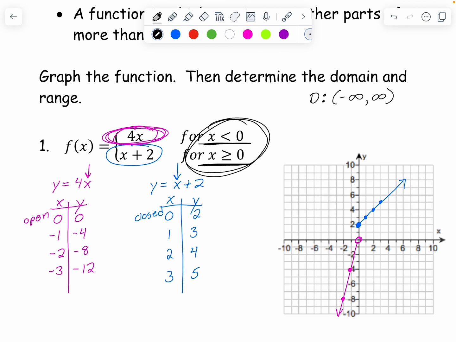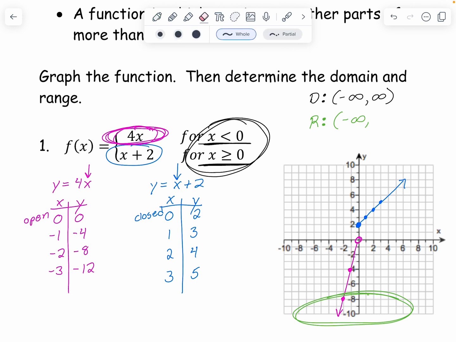Now the range is a little bit trickier. So let's take a look at our range. For the range, we know that we are supposed to go from smallest to largest. Ranges are y values. So y values are smallest on the bottom. So if we look at the bottom of our graph, we've got an arrow that goes down forever. So we're going to start that at negative infinity.